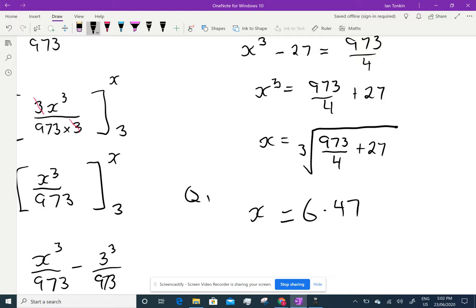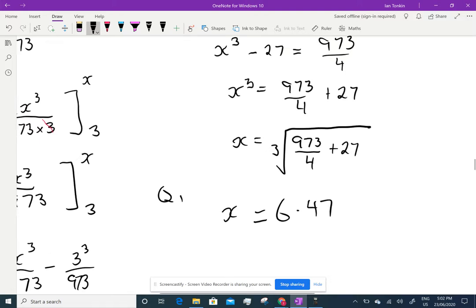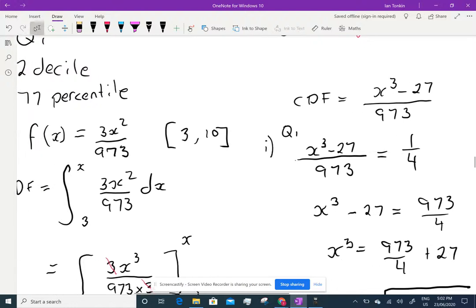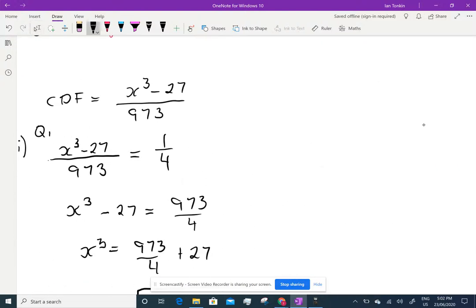Let's check it. I'm just going to get the answers up, which are over here. So 2A, 6.47. Now, we need to find the second decile.